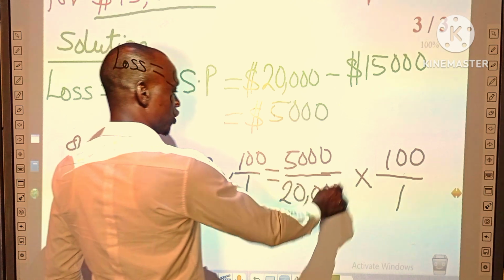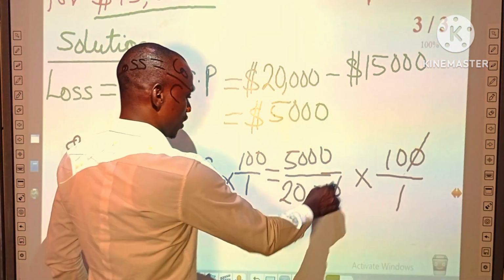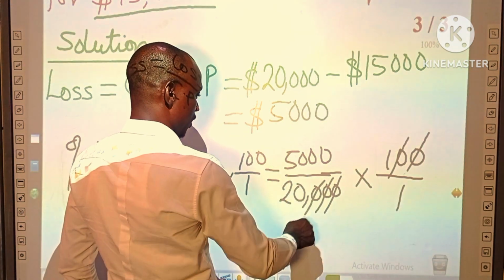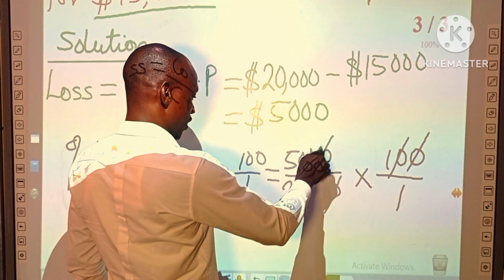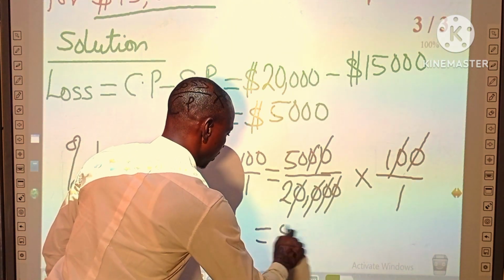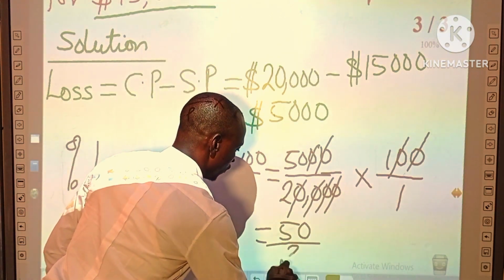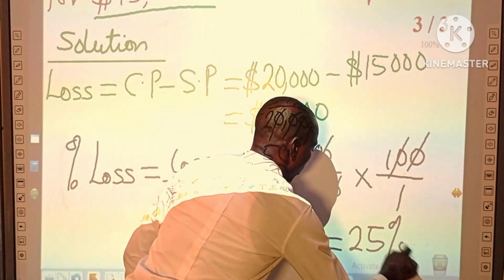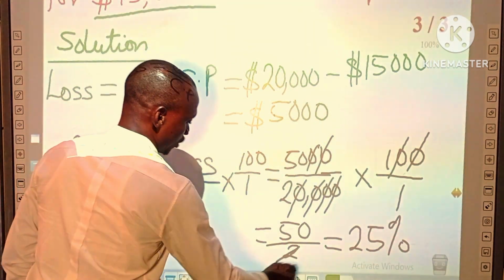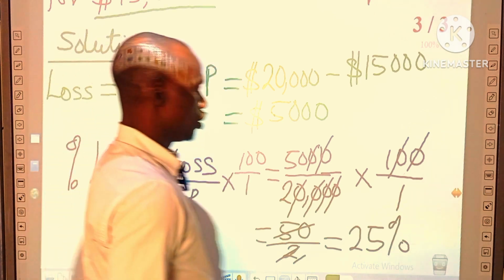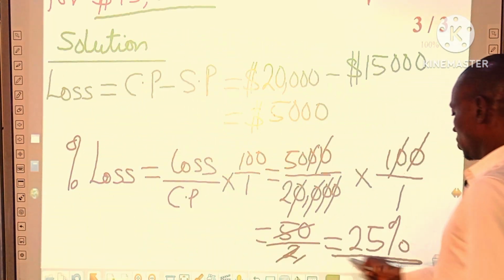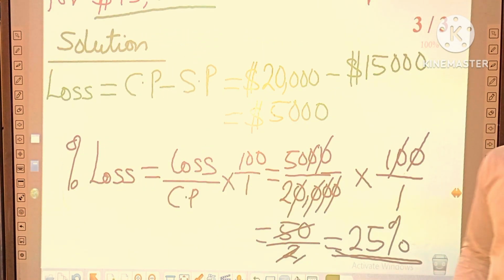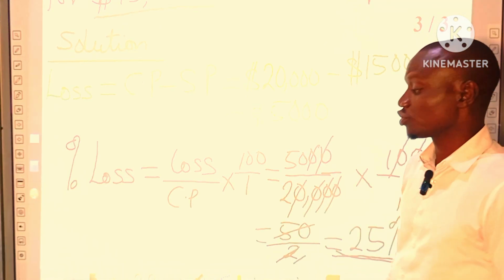Now we can cancel off our zeros. What we have left is simply 50 all over 2, which gives us 25%. So this is our final answer. These are the easy steps you need to take when looking for percentage profit and percentage loss.